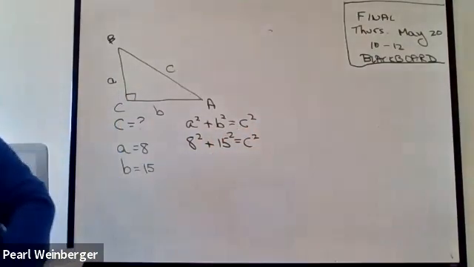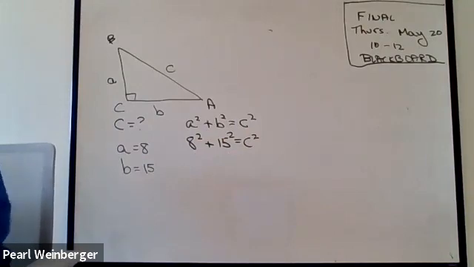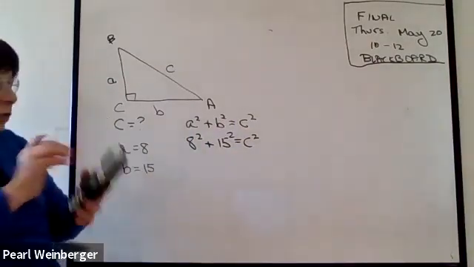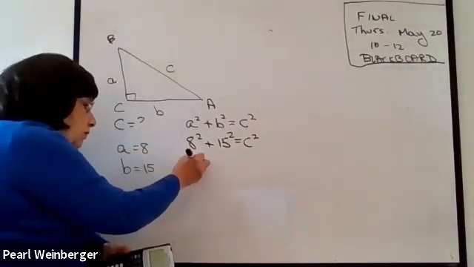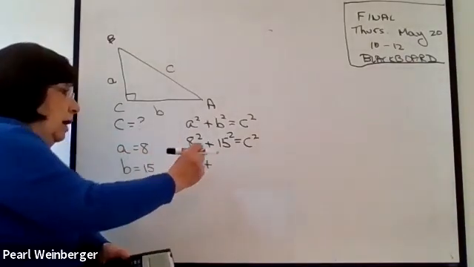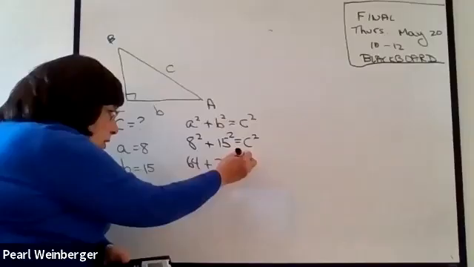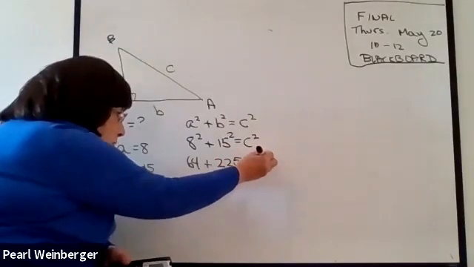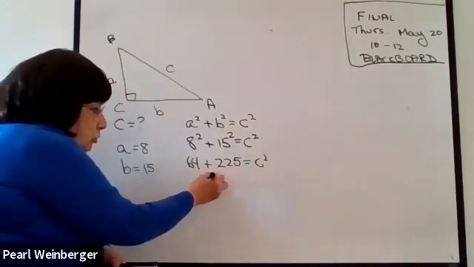Now, let's see. 8 squared we know is 64. And 15 squared is 225. Now, when I add these up, I get 289.